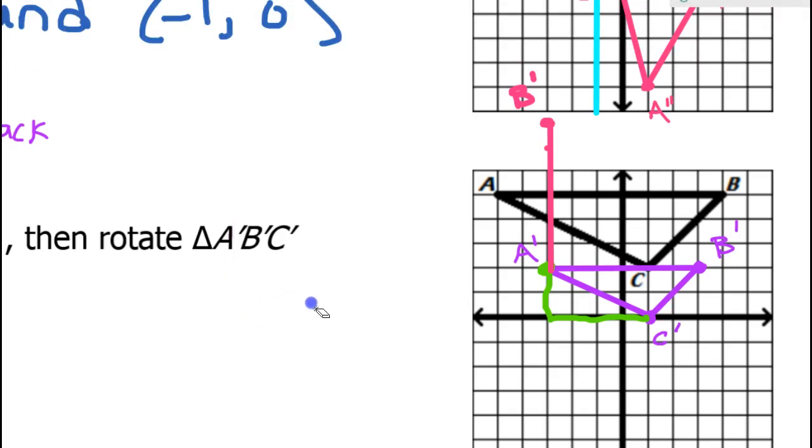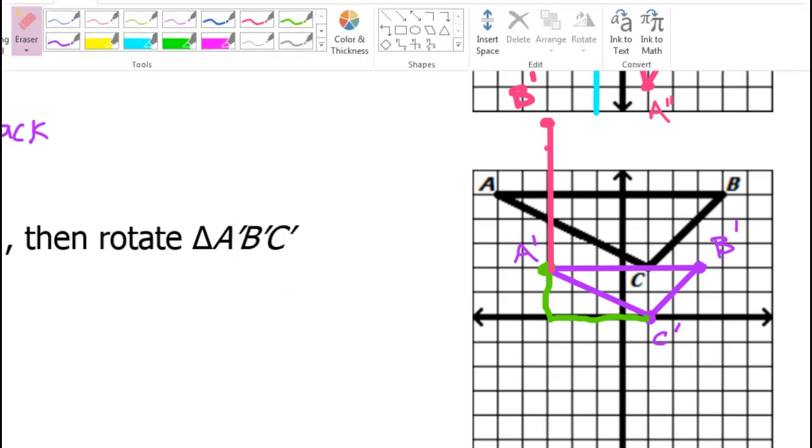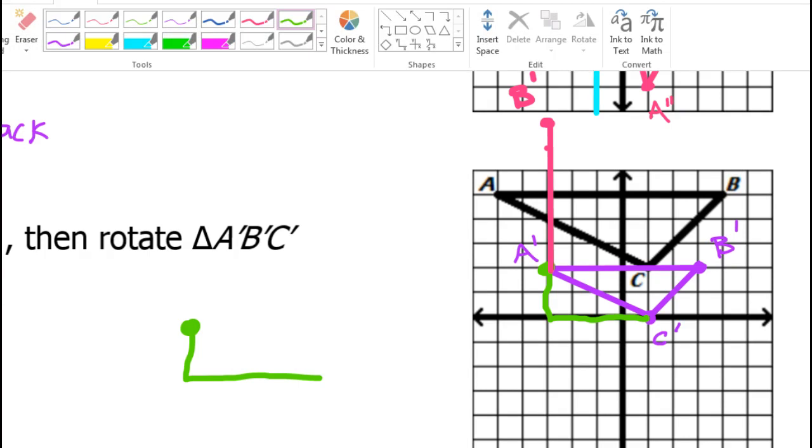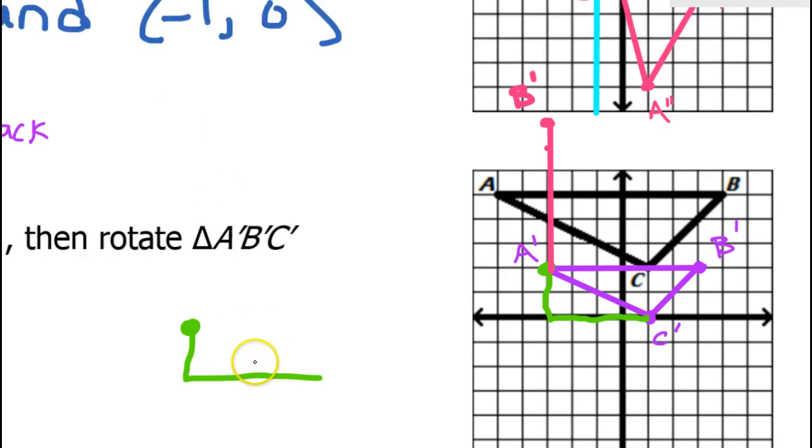Okay, let's practice off to the side. Let's see what it looks like when you rotate an L. This is the center of rotation. So if I have this, and I want to rotate this 90 degrees, I'm rotating counterclockwise. But look, this vertical piece is going to wind up horizontal.